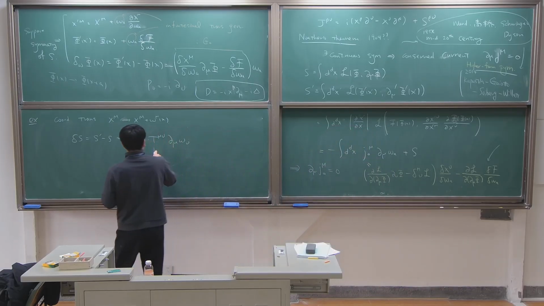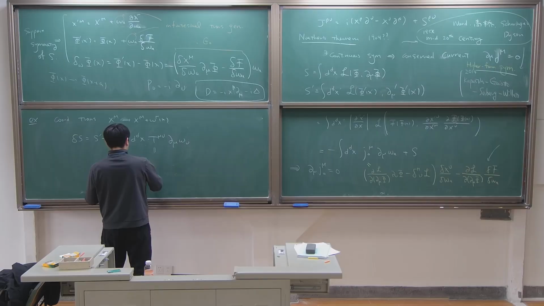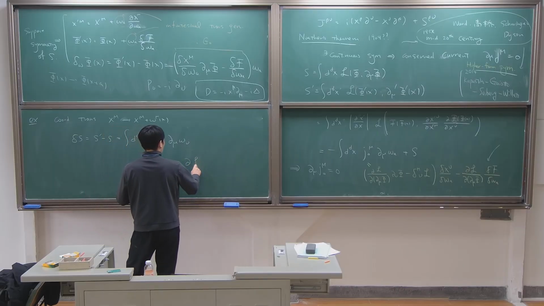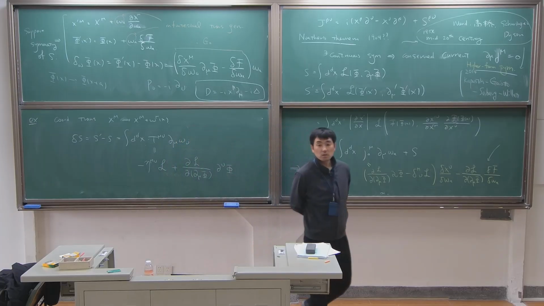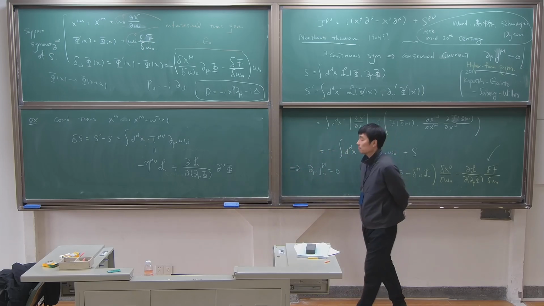Where T^mu_nu is given by minus delta^mu_nu L plus partial L over partial (partial_mu phi) times partial_nu phi. That's what you get.